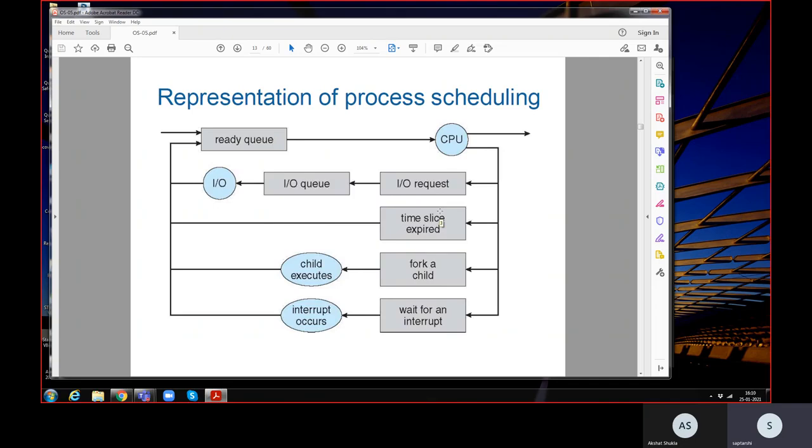The other is more of a data structure based approach, where it is showing in which data structure the kernel is storing the PCB of a process at a particular point of time. So at a particular point of time, the kernel may store the PCB of a process in the ready queue.